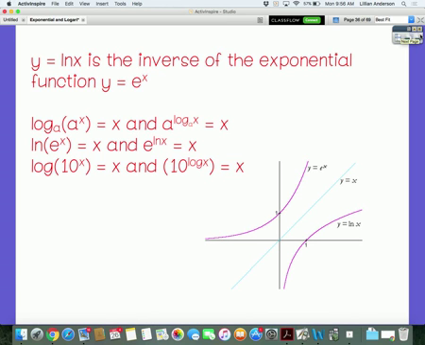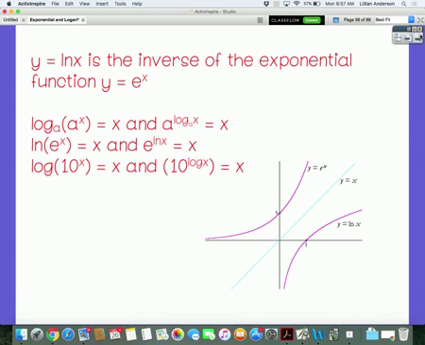They are pretty straightforward, pretty common. If you have a log base a of a to the x, like before, the a's cancel out and you're just left with x. Same thing applies when you have an exponential base and it's raised to a log with the same base, they cancel each other out. Ln of e to the x is just x, and e to the ln of x equals x.